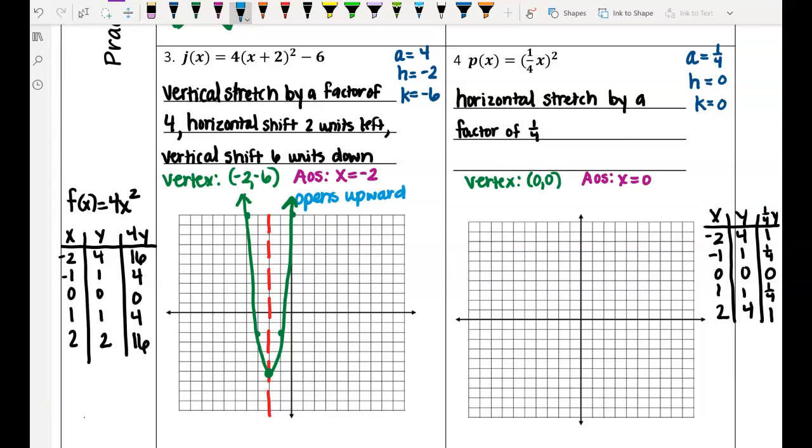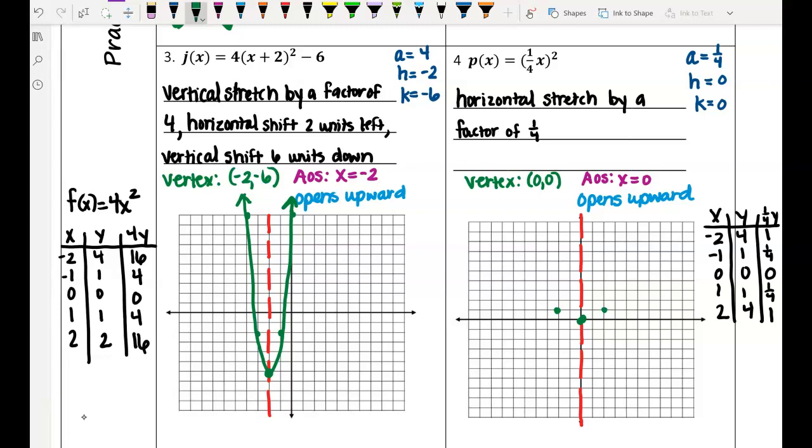And because a is positive, this is going to open upward. So I draw in my axis of symmetry. My vertex stays at 0, 0. So at -2, I'm up here at 1. At +2, I'm up here at 1.